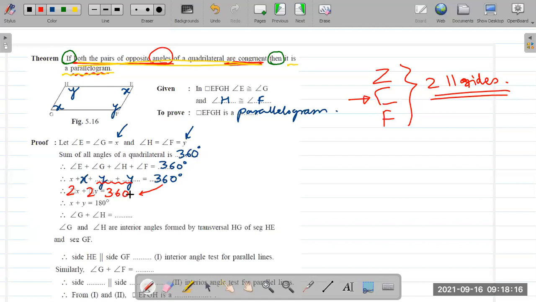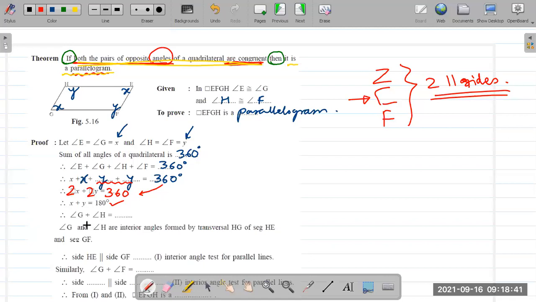Now in this step, you can see that all three terms are divisible by 2, so we are going to divide both sides by 2. Just check: 2x divided by 2 is x, 2y divided by 2 is y, and 360 divided by 2 is 180. So that's how we get this step.